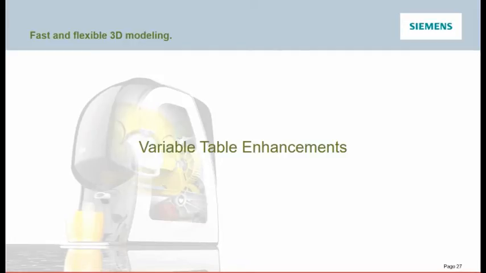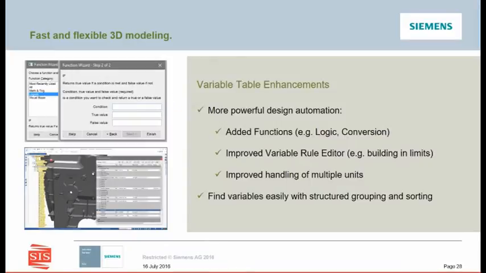Next up, enhancements to the variable table, a central control for all parameters in the model. The already powerful variable table is even more powerful in ST9. More functions have been added, such as logic, if, then, else. We've also added inverse trigonometry and conversion, for example converting radians to degrees. The rule editor also has more capability for things like setting limits.